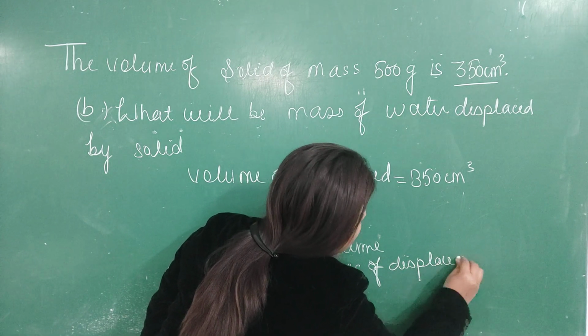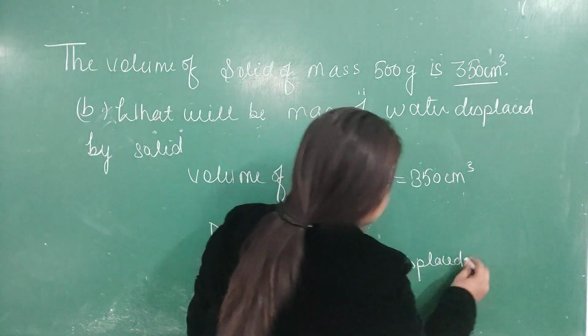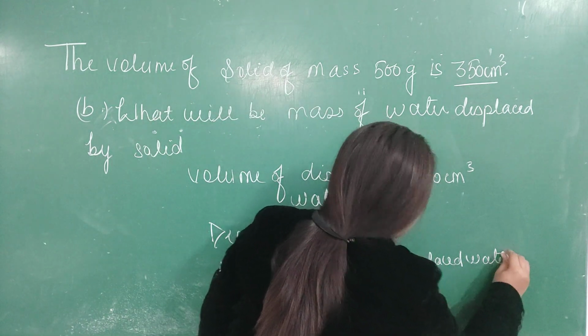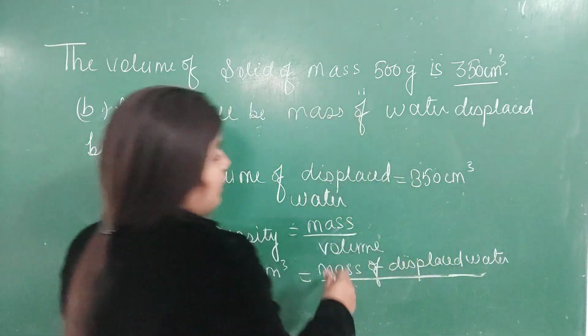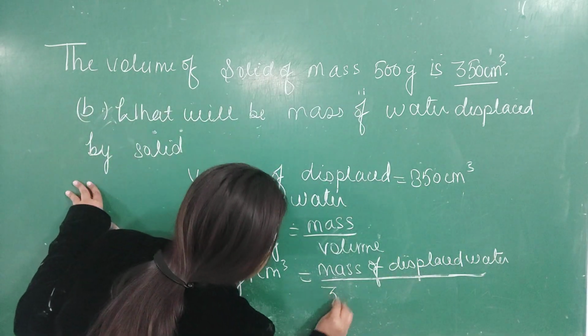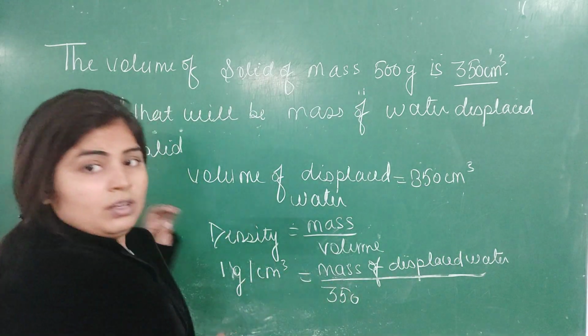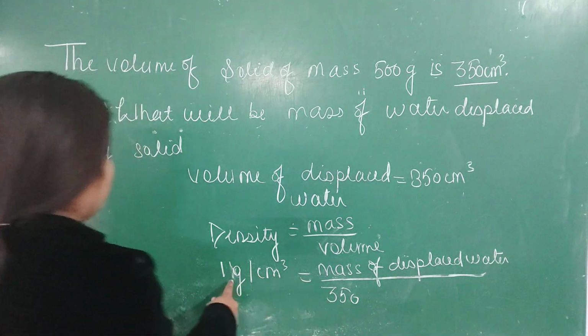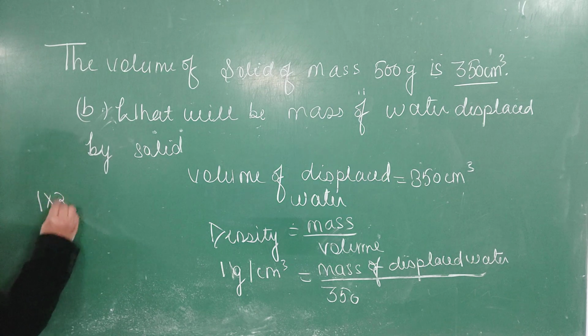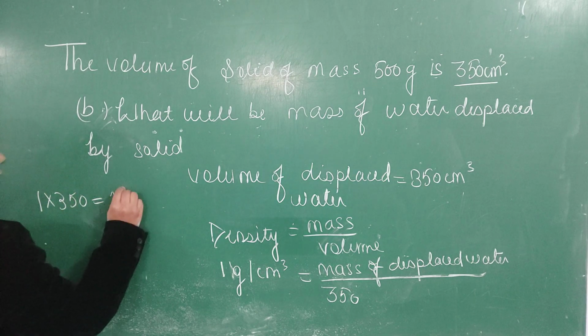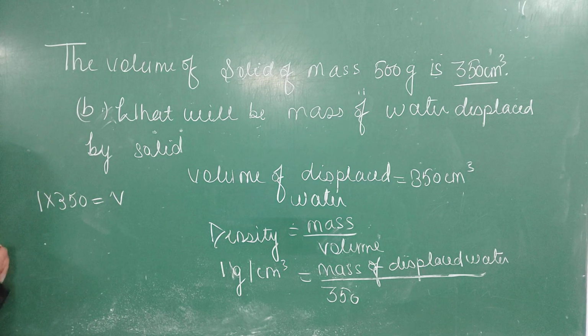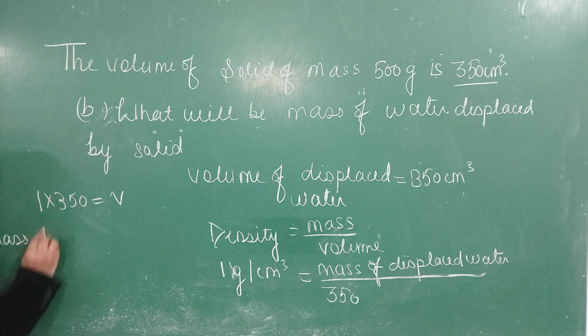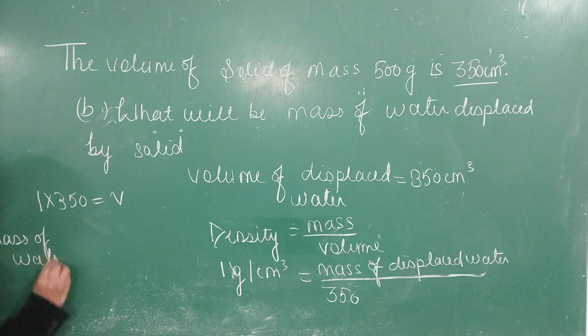But what is the volume of the displaced water? It is 350. So now cross multiply. It will be 1 into 350, equal to the mass of the water. The mass of the displaced water will be equal to 350.